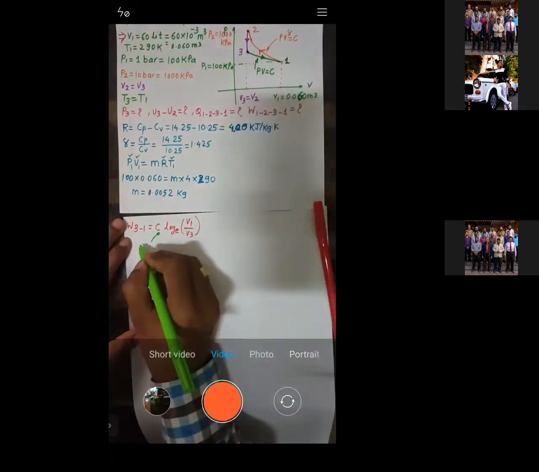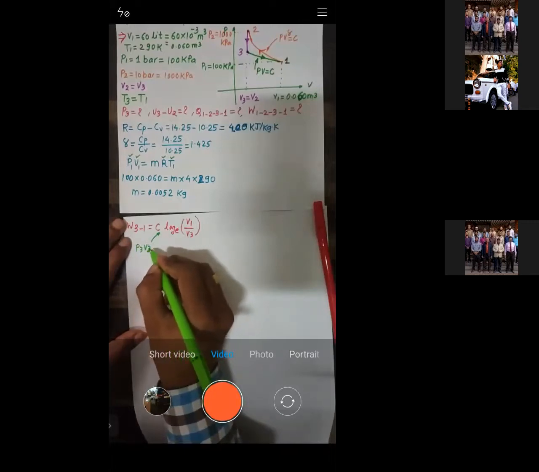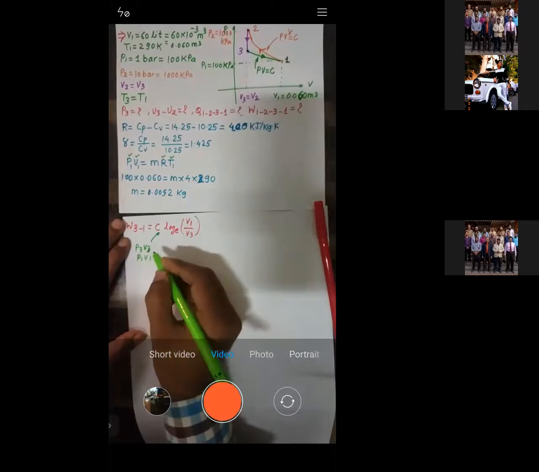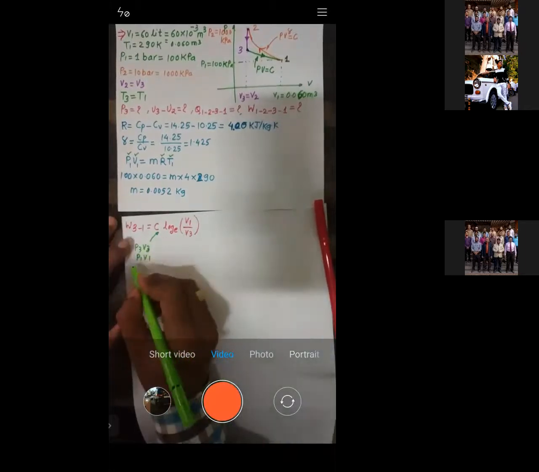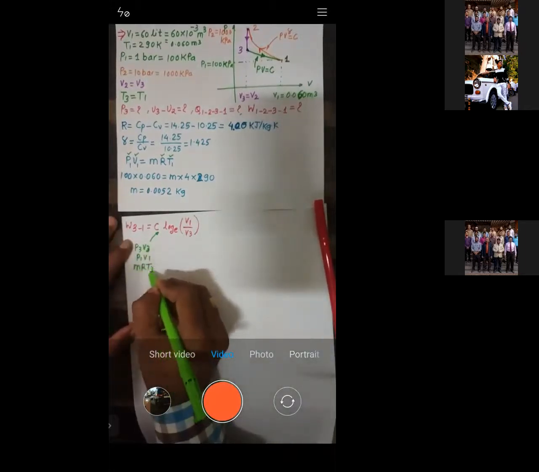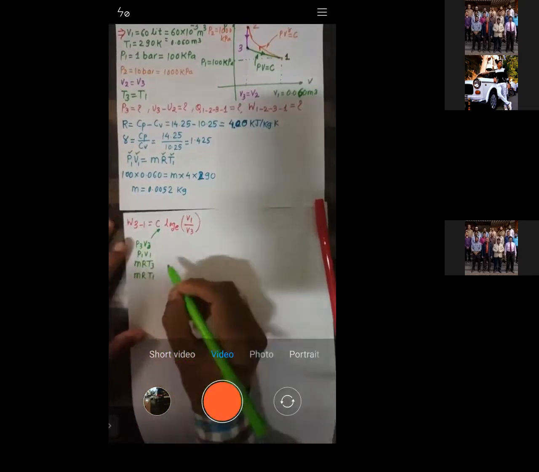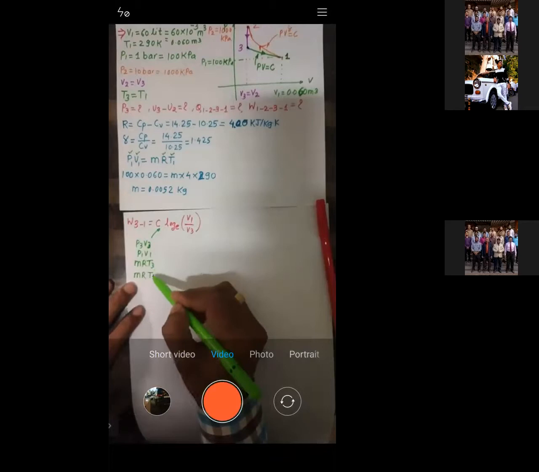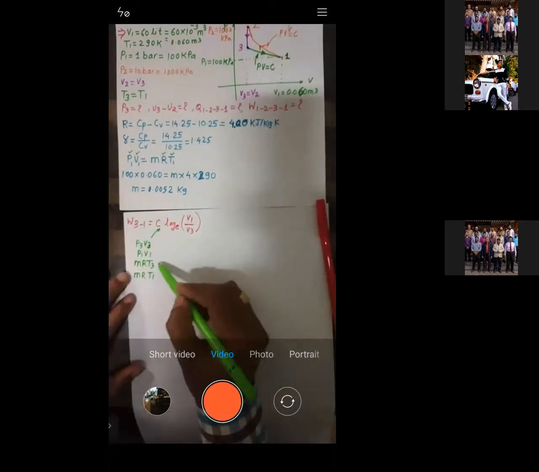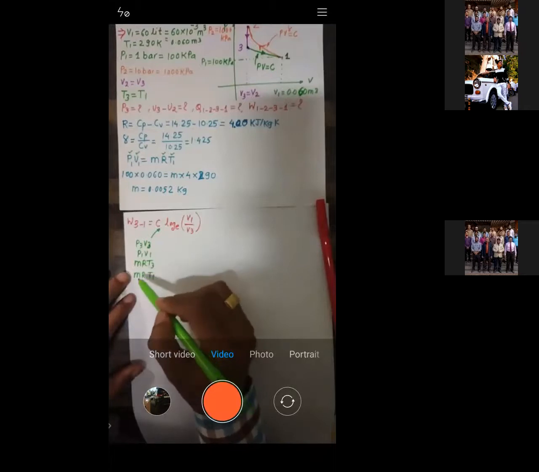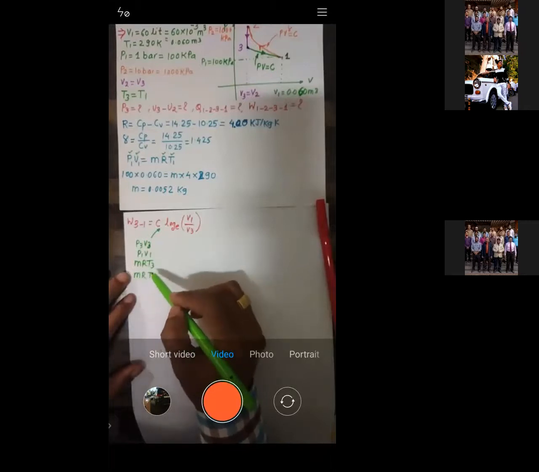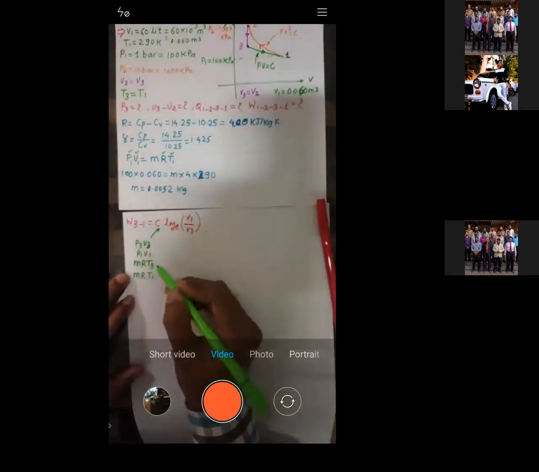So instead of C, you can put P3 V3 or P1 V1. P3 V3 is mRT3 and P1 V1 is mRT1. Try to understand, because T3 and T1 are the same, you'll get the same value. Whether you put mRT3 or mRT1, you will get the same answer.